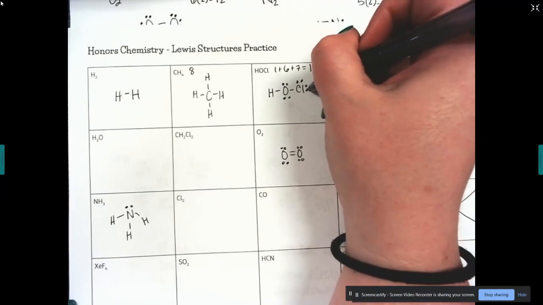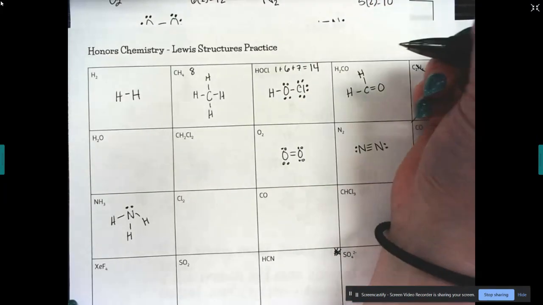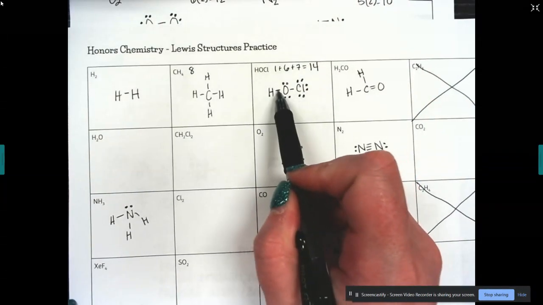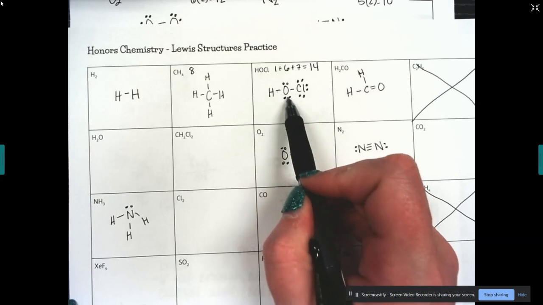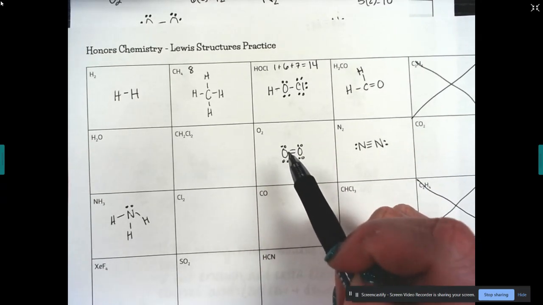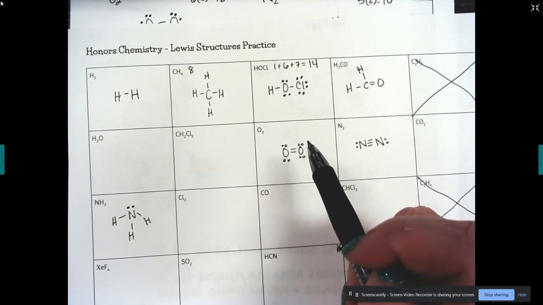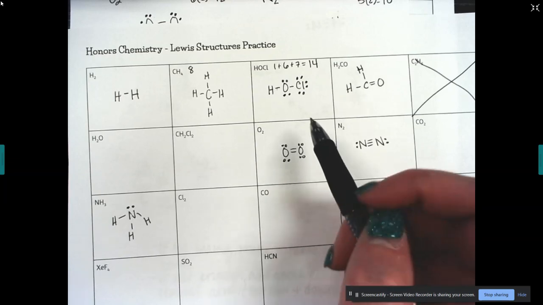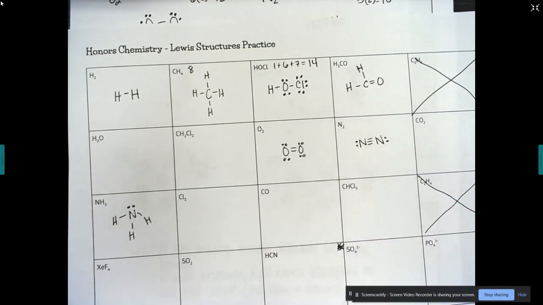It's easy to forget with the central one. Well, it's got 2 bonds, so that's 4. So you need 4 more dots total to get it to 8. Oh, so the central one always has to have 8? Yes, unless it can have more or less. But yes, you want to shoot for 8 for most things.